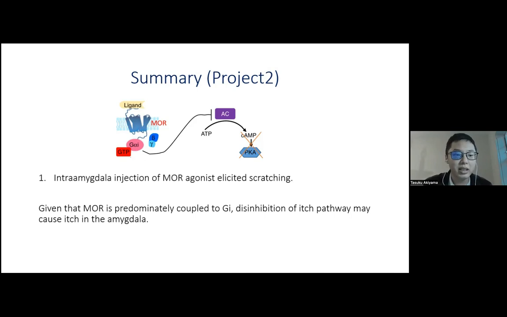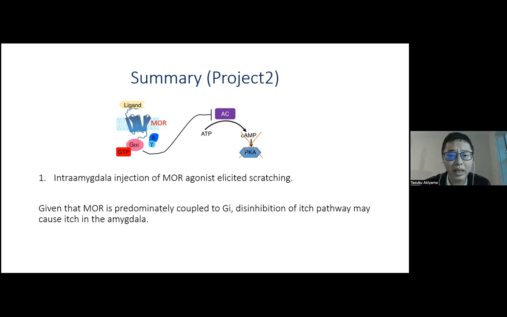Since considering that the MOR is predominantly coupled to the Gi, that means when the MORs bind to the receptor, that usually inhibits the neuronal activity.